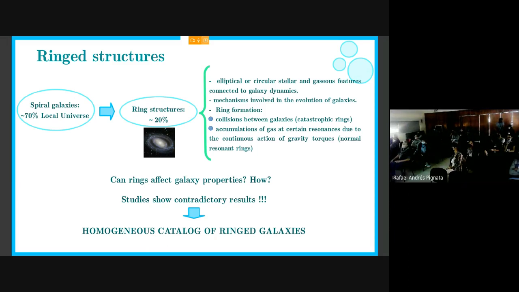In order to obtain more knowledge about this topic and answer this question, as a first step, we built a homogeneous catalogue of ringed galaxies with high statistical confidence.